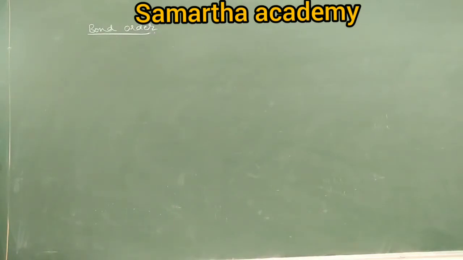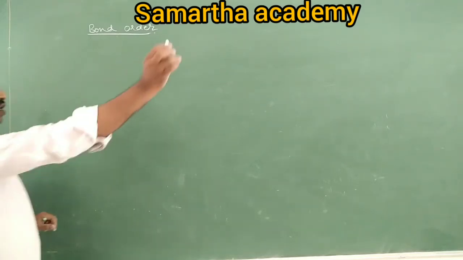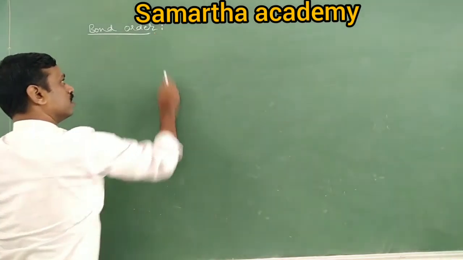Right. What is bond order and how to calculate bond order? There are many questions. 90% of questions on this topic are based on bond order and bond length only. Let's see in detail what is bond order. In the previous class also we studied bond order.